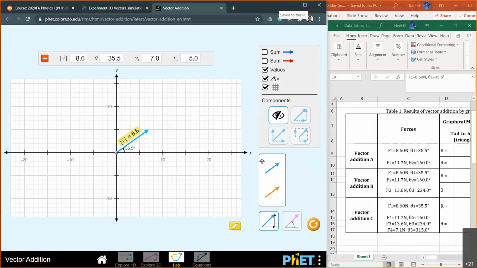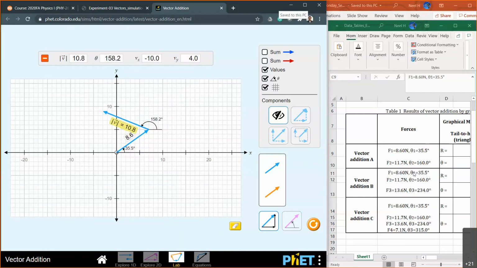All right, now with the tail to head method, if I want to draw the second vector, it must start from the end of the first vector. So that means the tail of this vector should be at the end of the first vector right here. Then I have to click the arrowhead, rotate, and figure out the direction.